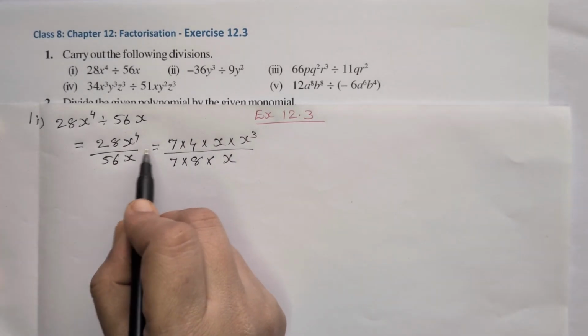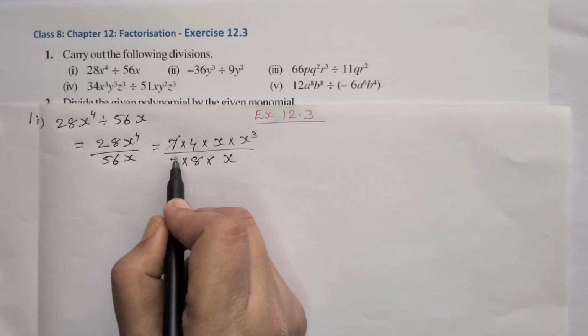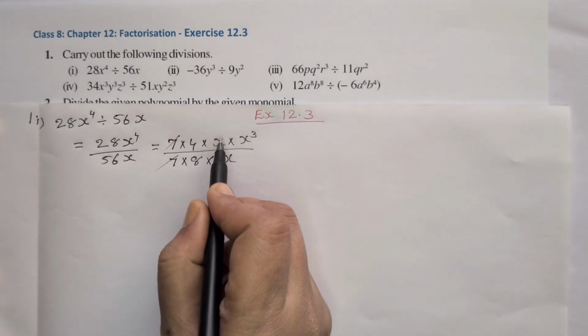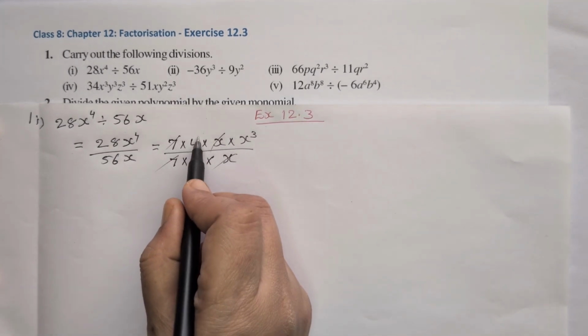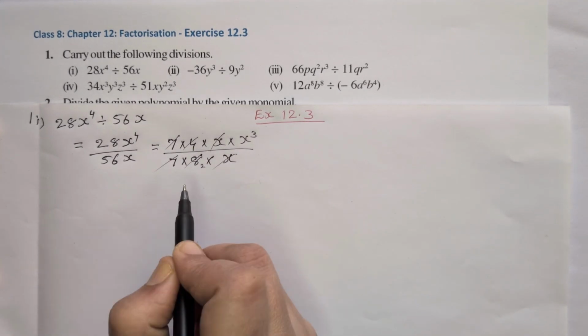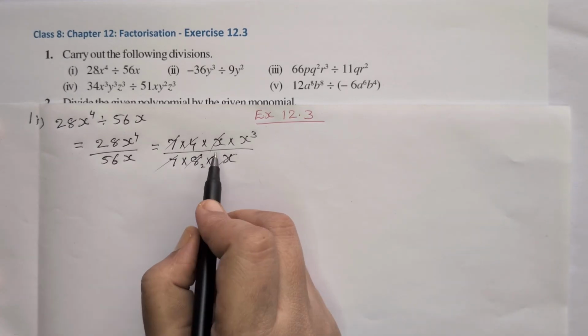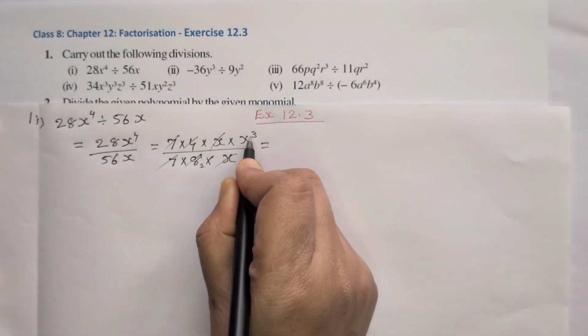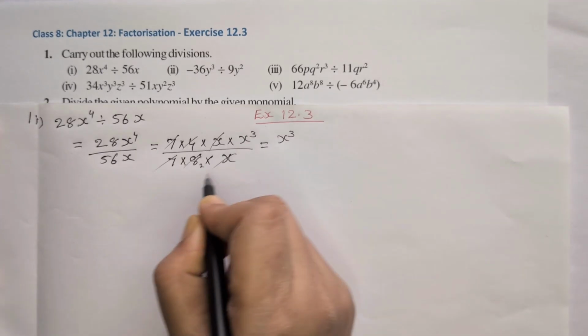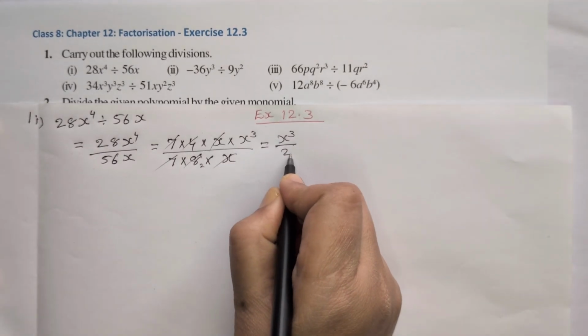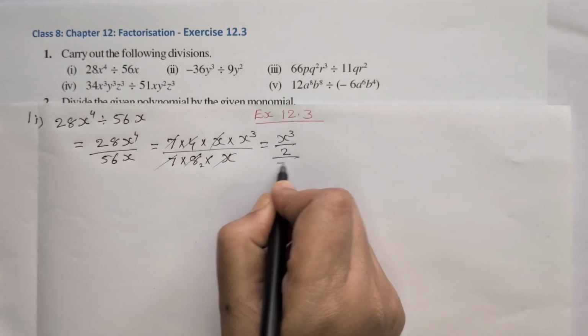So when we split the common terms, we can cancel from the numerator and denominator. X we can cancel, divide by 4, here 2 is coming. So the remaining terms are x cube in the numerator, 2 in the denominator. So x cube by 2.